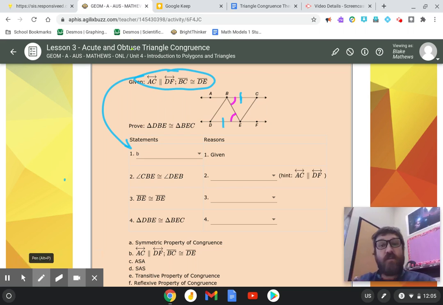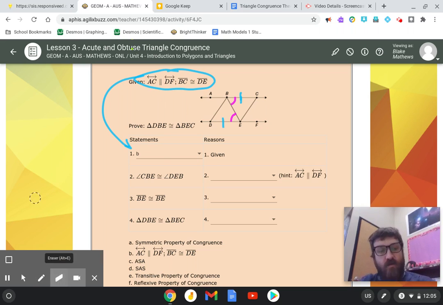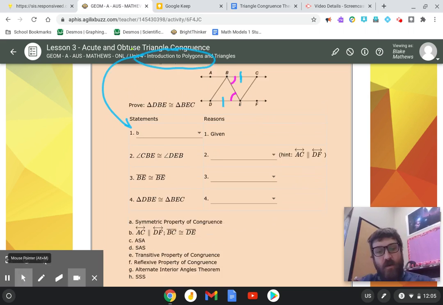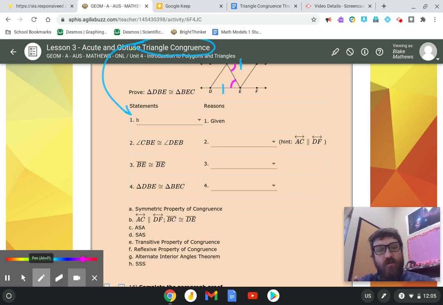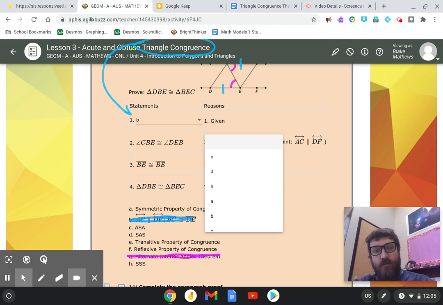This is a transversal line relationship, and those two are alternate interior angles. If we go look at our answer choices, that is going to be answer choice G. I should mark out this other answer. So looking at answer choice G, alternate interior angles theorem, that is our reason for number 2.